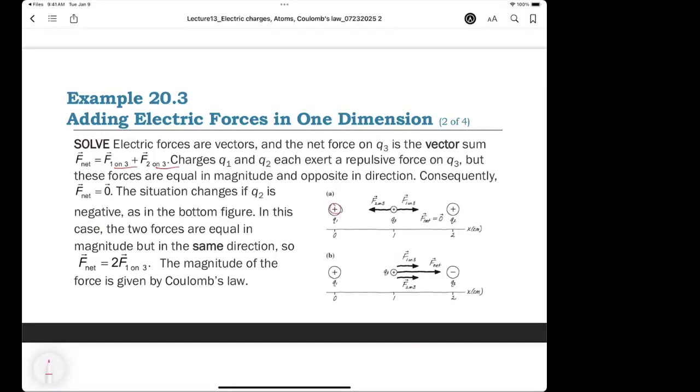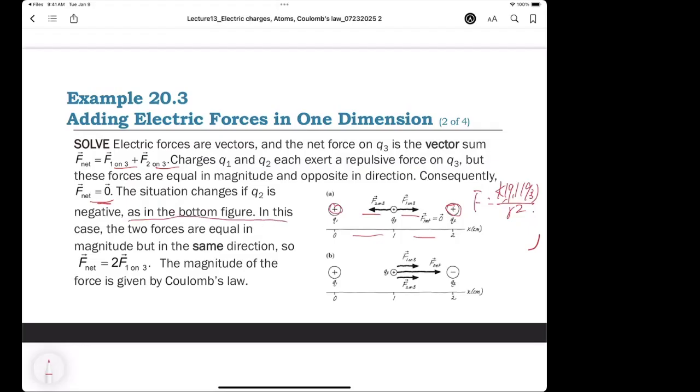We know F equals K Q1 Q3 over R squared. This is the same for Q1 and Q2 with Q3, so this force and this force are equal but in opposite directions. Which means F net is 0.